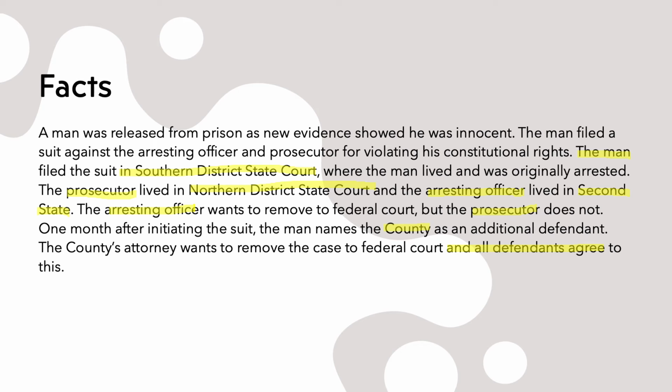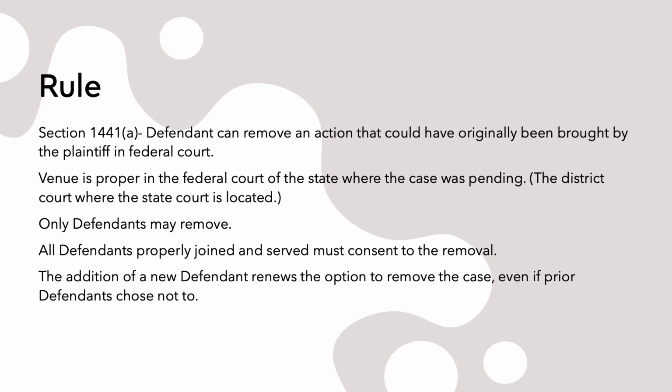So I'm going to look at my proposed answers, seeing if something matches this. But let's go over some of our rule first, because we really need to know the rule for removal. We can't get anywhere without some basic removal rules.